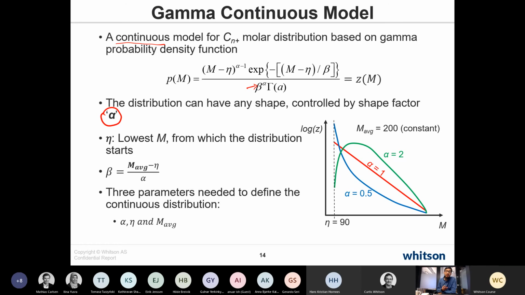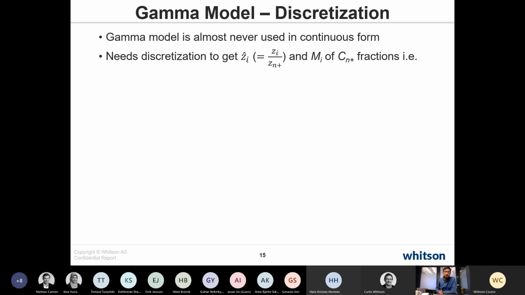We always need to discretize it to represent the different components we have. And that's the beauty of this model, that you can discretize this continuous function in any intervals representing the different cuts or components you might have from your laboratory PVT analysis. So the gamma model is almost never used in its continuous form. It needs discretization.